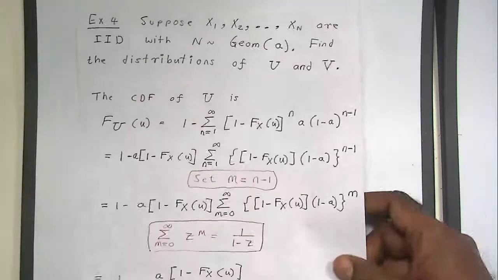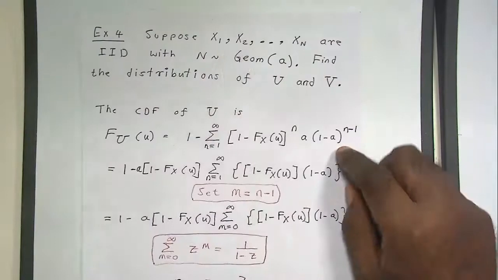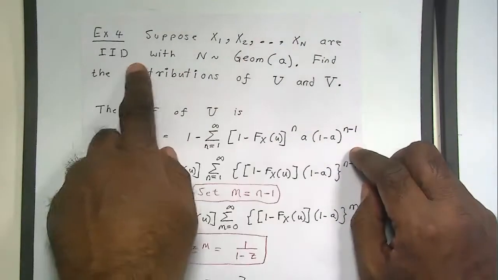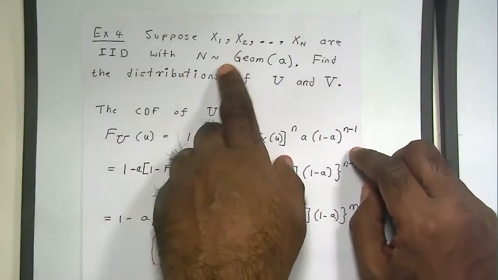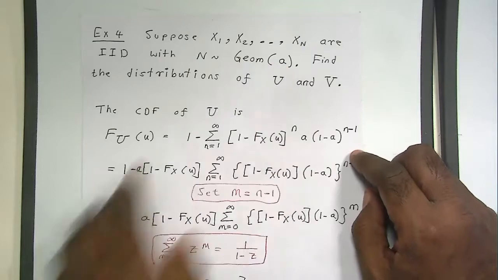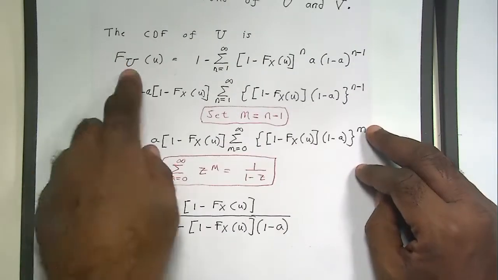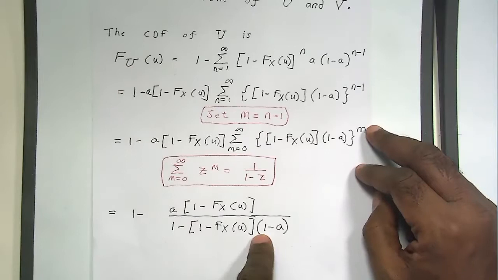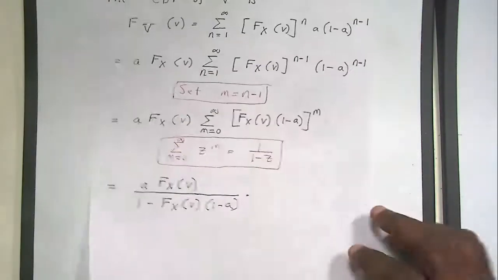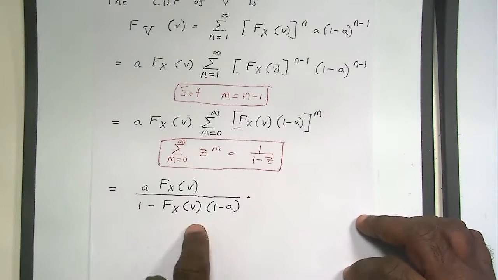This is example number 4, where x1 to xn are IID and N is a geometric variable with parameter A. I showed you how to derive the distribution function of U, which turns out to be this, and also the distribution function of V, which turns out to be this. You guys have any questions so far on what we did yesterday?